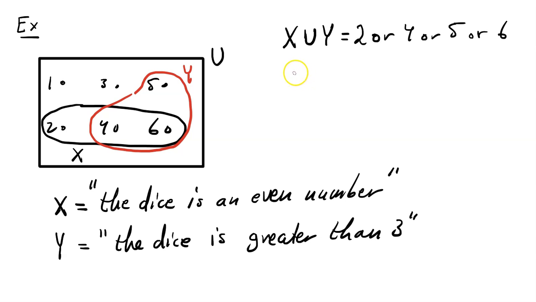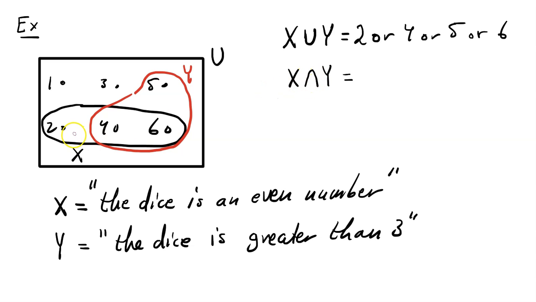Then we're also going to talk about the overlap, or rather the intersection. So this means the intersection of 2 events. That means that both will happen. So this symbol means or, and this means and.